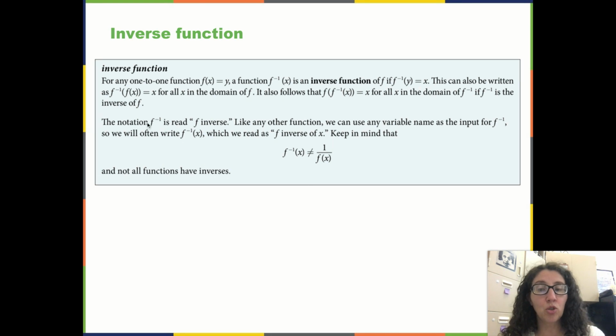So something a little bit tricky about this notation: it has a -1 in the exponent. We say this f inverse. This is very important. This notation does not mean that this is the same as 1 over f of x.